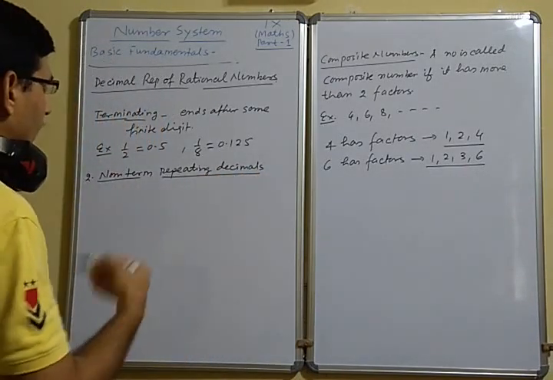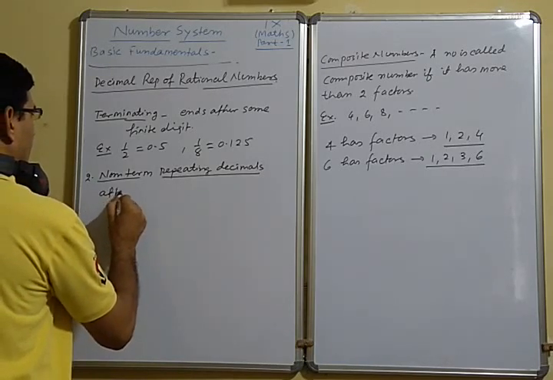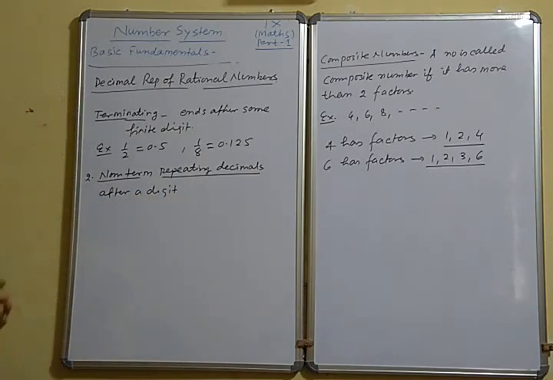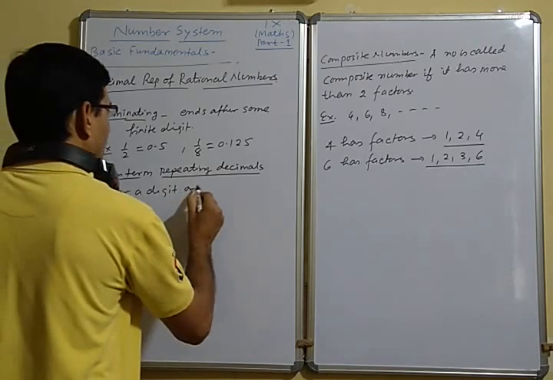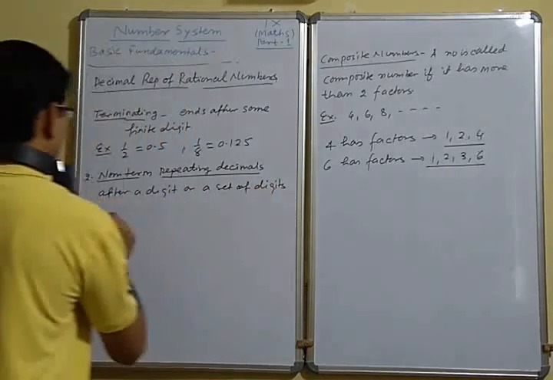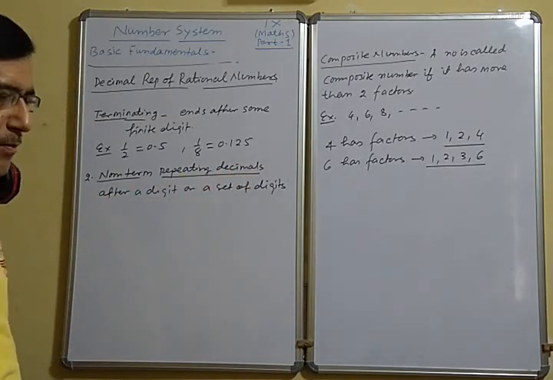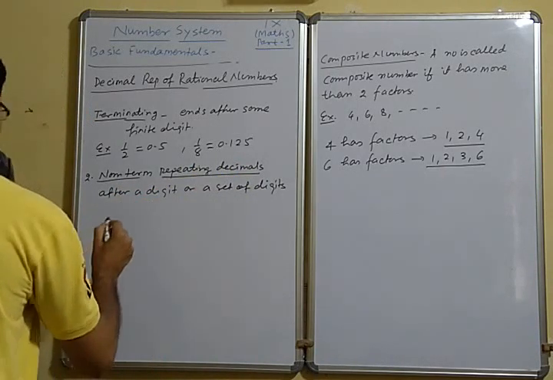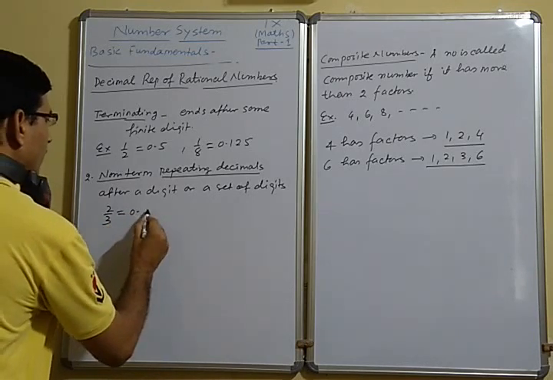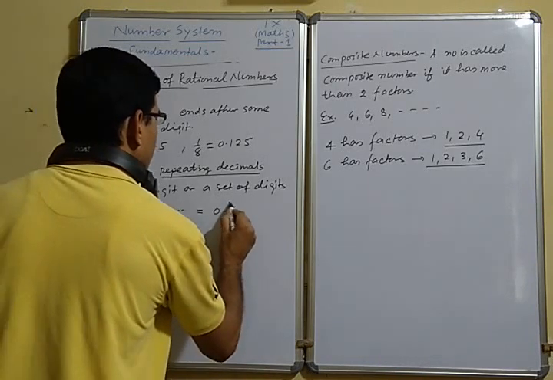A number which repeats after a digit or a set of digits is called non-terminating repeating decimals. For example, 2 by 3. If you divide, you will get 0.666 and so on. So we can write it as 0.6 bar.